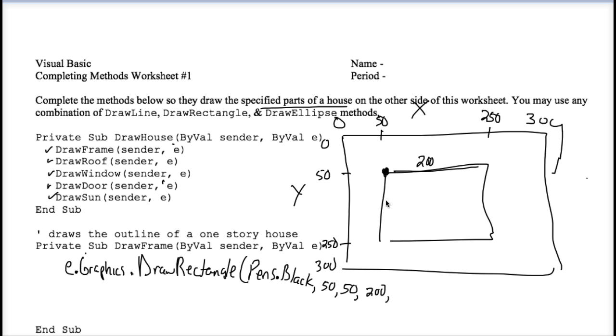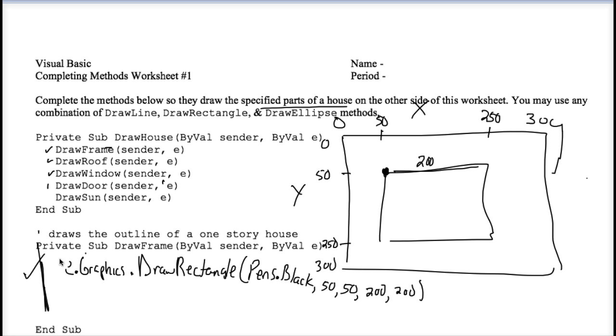This distance here, the height, would be 250 minus 50. Well, that turns out to be a perfect square, and so be it. It's the frame of the house, and that one line of code does the work, and I'm finished with this draw frame method. So when this line of code here executes, that rectangle is drawn because this call statement here calls this method and makes it execute.